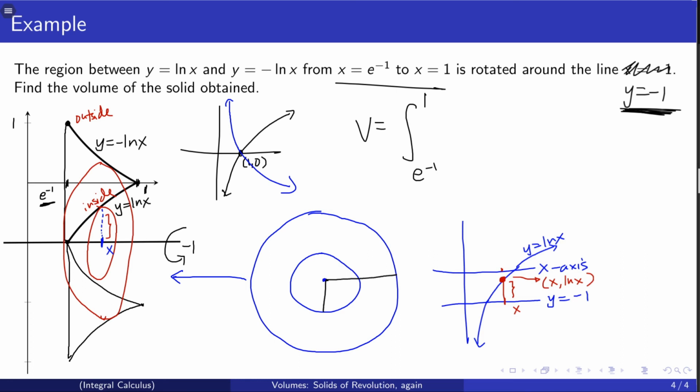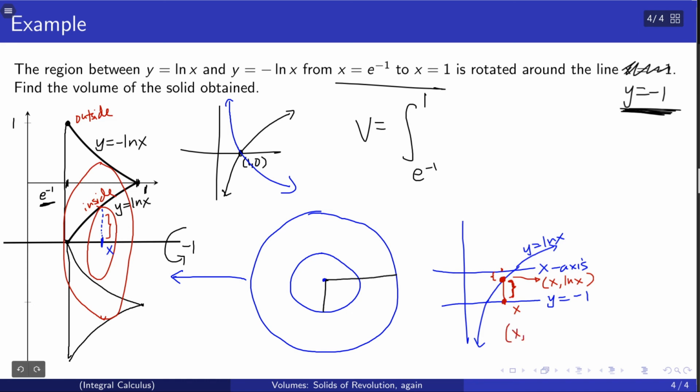But what does ln x give me? Well, ln x gives me this distance, right? Ln x is going to be negative there, in fact, because it's below the x-axis. What I really want is this other portion here. So how do I get that? Well, how do you get the distance between two numbers?